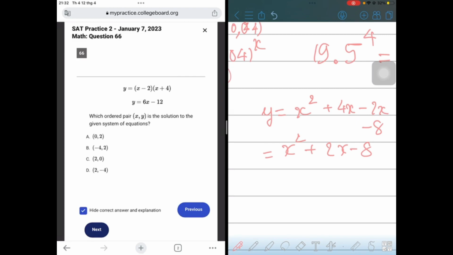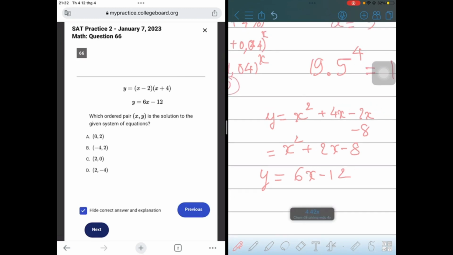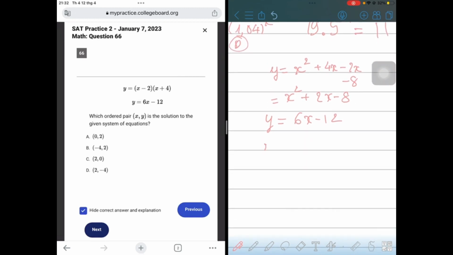And the second equation we have y equal 6x minus 12, and then we will put them together: x squared plus 2x minus 8 equals 6x minus 12, and we have x squared minus 4x plus 4.